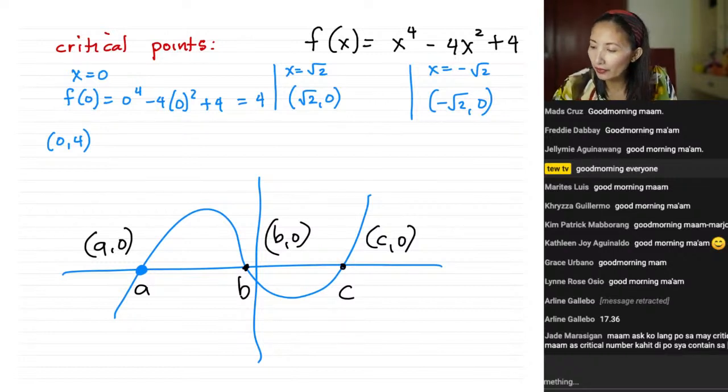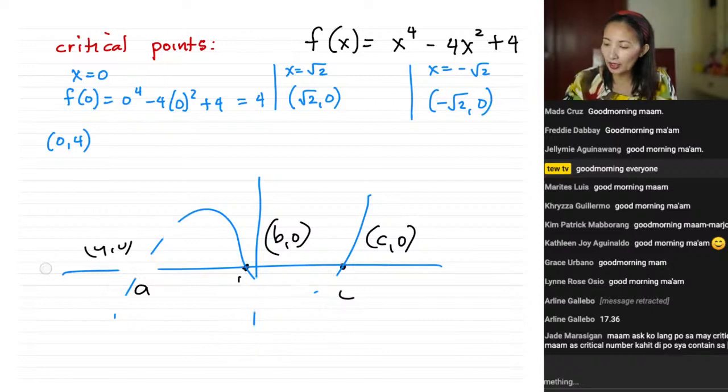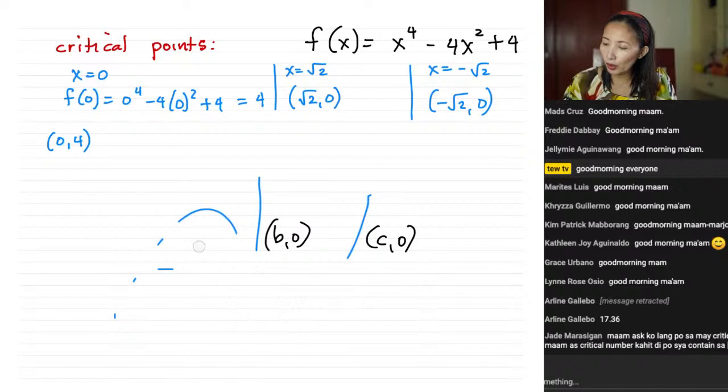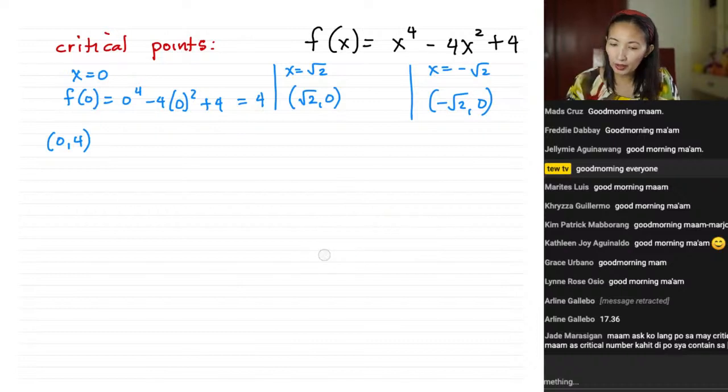So we have identified already our critical points. How many critical points do we have? Three: 0, 4, square root of 2, 0, and negative square root of 2, 0.